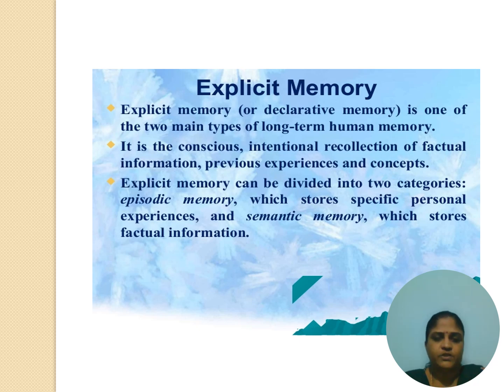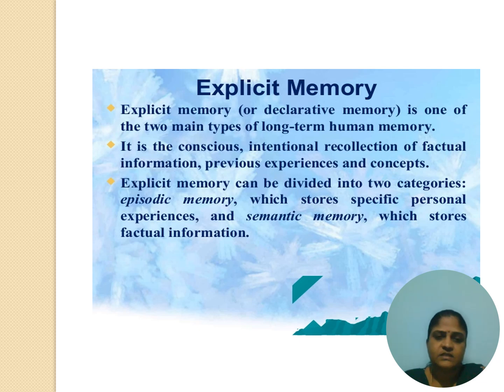So factual information, your previous experiences, and concepts, for example, the chemical name of water is H2O. What is the capital of India? Delhi. This is the fact. You cannot alter it. You cannot change it. It is declarative memory.